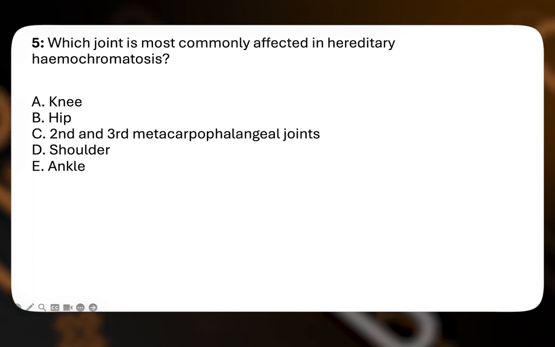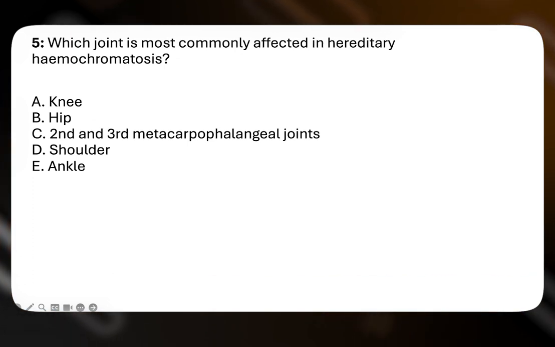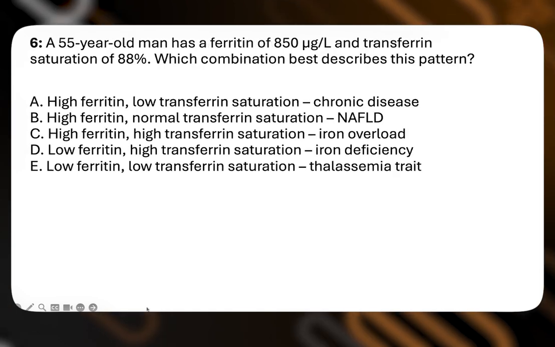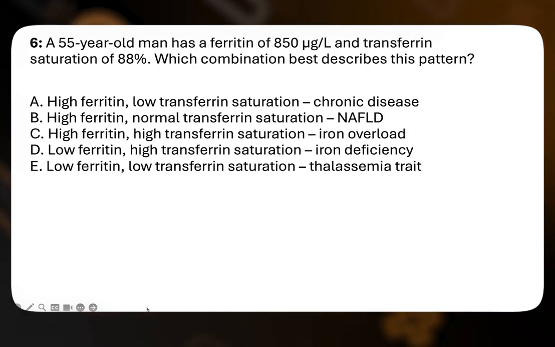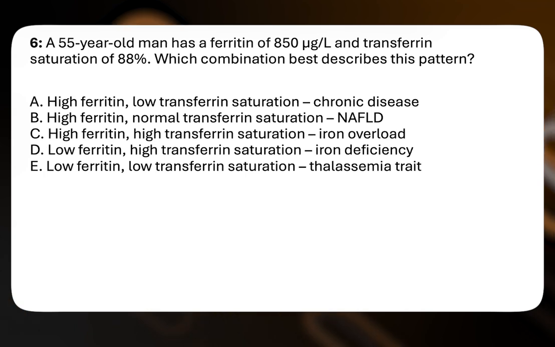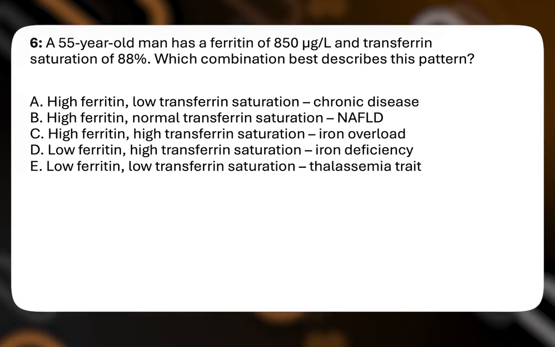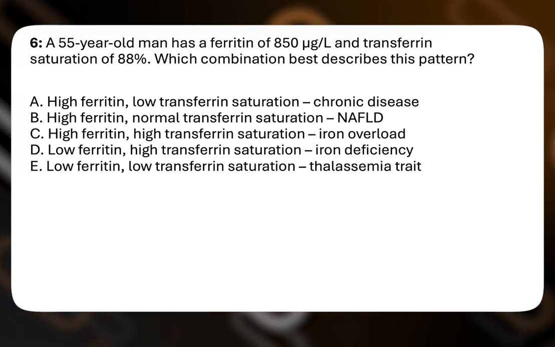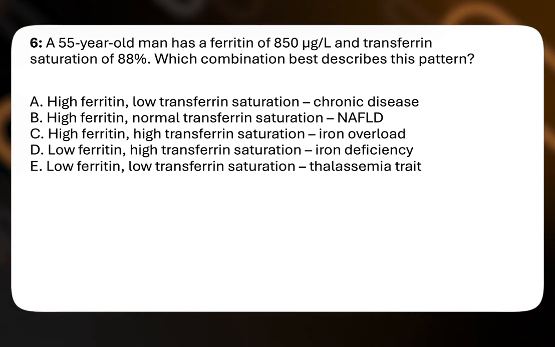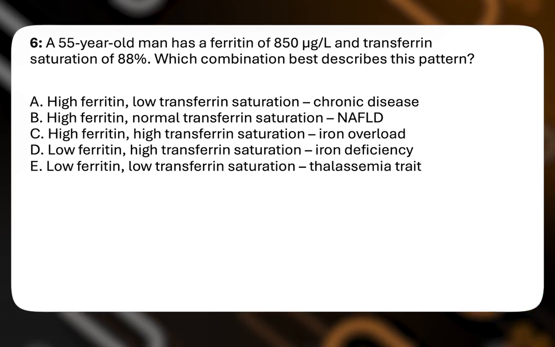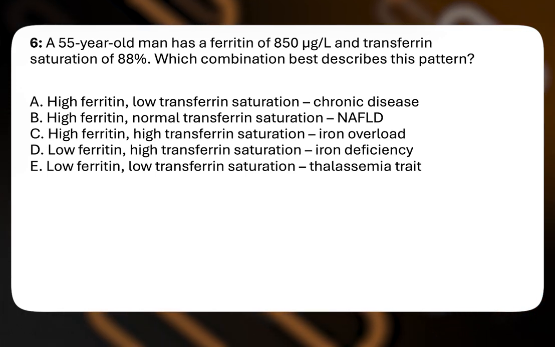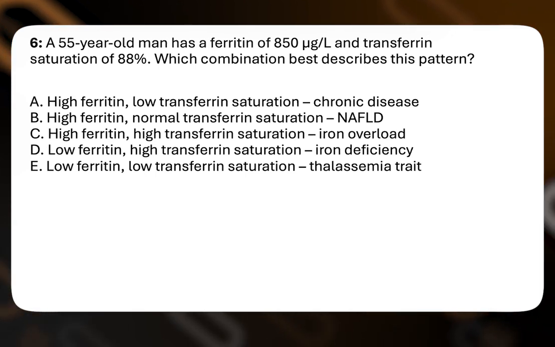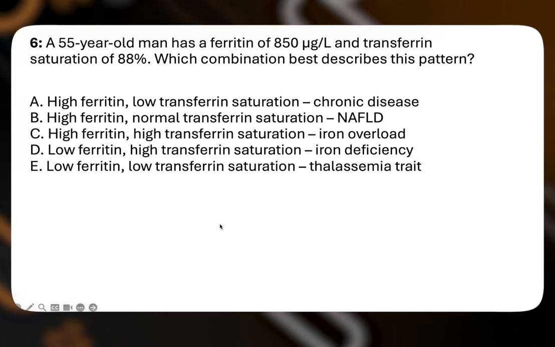Okay, we'll see. A 55-year-old man has a ferritin of 850 microgram per liter and transferrin saturation of 88%. Which combination best describes this pattern? So C. Answer C.